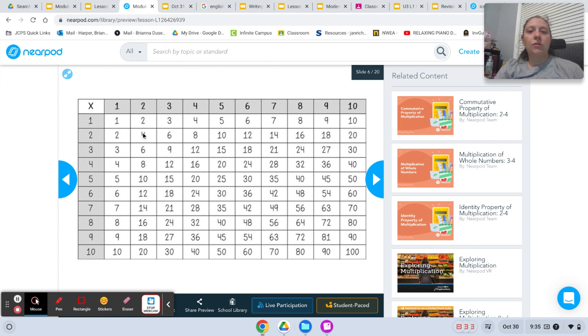And so 2 times 2 is 4. If we do 3 times 6, we would just do 3 here and 6 across, and that's 18. If we did the same thing, 6 times 3, it would still be 18. So that's the commutative property of multiplication.